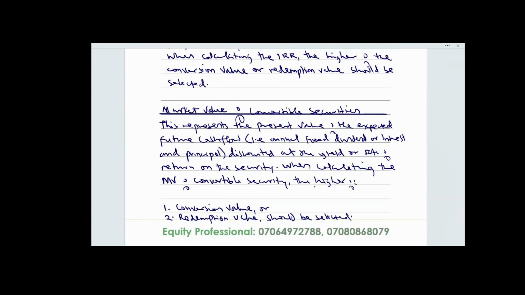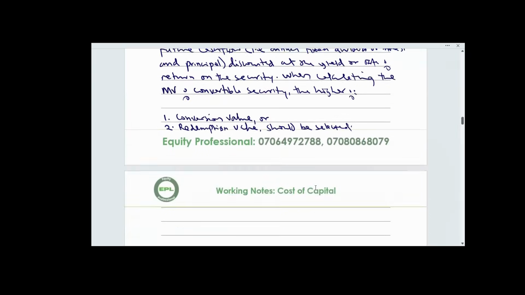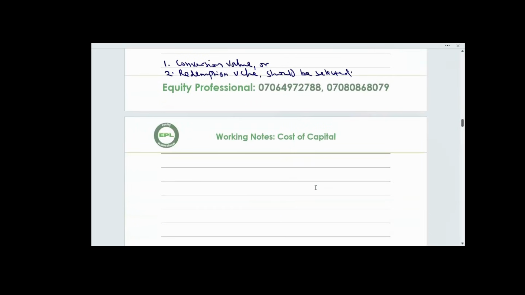But anytime you are calculating present value, you don't include year zero. Your fixed interest, you calculate present value for the fixed interest, then you also calculate present value for the conversion value. You add everything together, it will give you the market value of the convertible. So that's it. Let's have some examples under this.